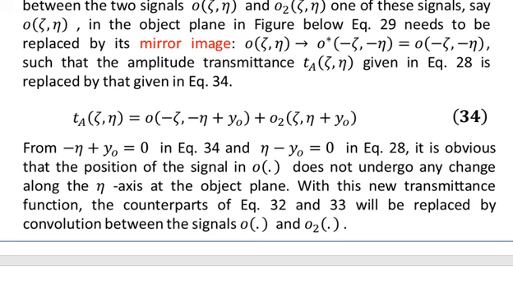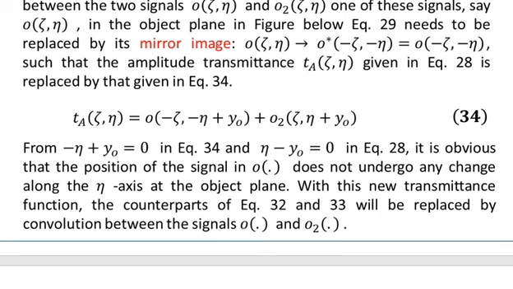O is now located at minus zeta comma minus eta plus y naught, and O2 is located at the same position as given in equation number 28. From the second argument of both O and O2, we can find that minus eta plus y naught is equal to 0 in equation number 34, and eta minus y naught is equal to 0 in equation number 28.